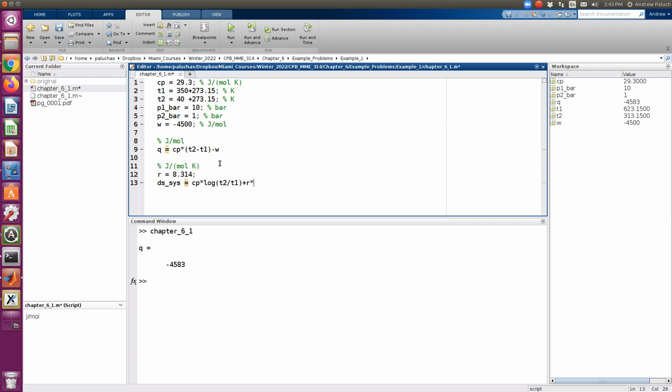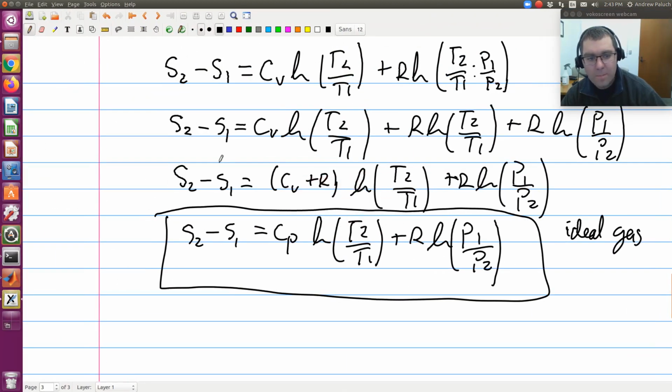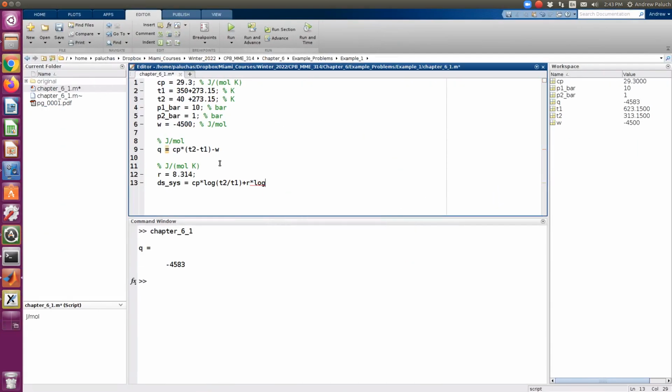Remember R and CP have the same units. So R log P1 bar divided by P2 bar. It's okay that my pressures are in bar, not SI units. All that's important here is that they're absolute pressures, because my ratio of pressures is the same regardless of the units. The conversion factor would cancel.